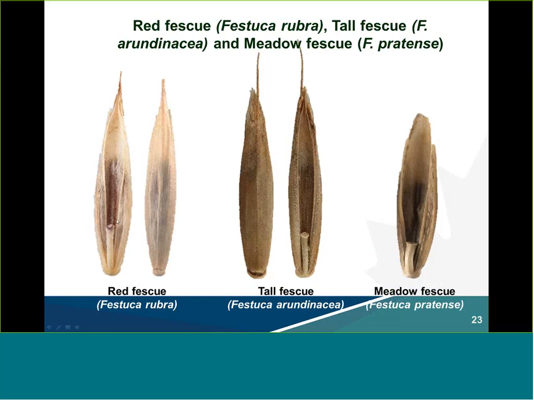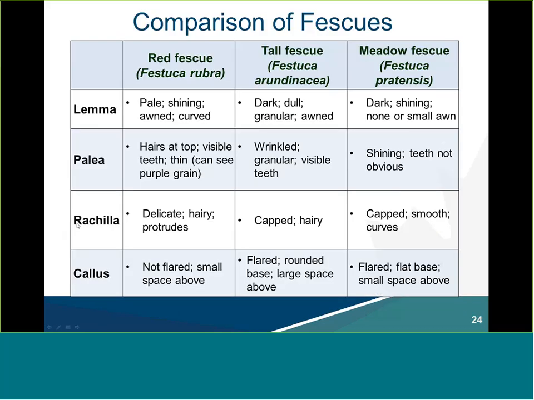You can see it right at the top of the rachilla of this particular picture. So oftentimes on the rachilla and the base of the lemma, there is a purpley color. Call it a wash. It's kind of indistinct, but believe me, every little bit helps with these grasses.